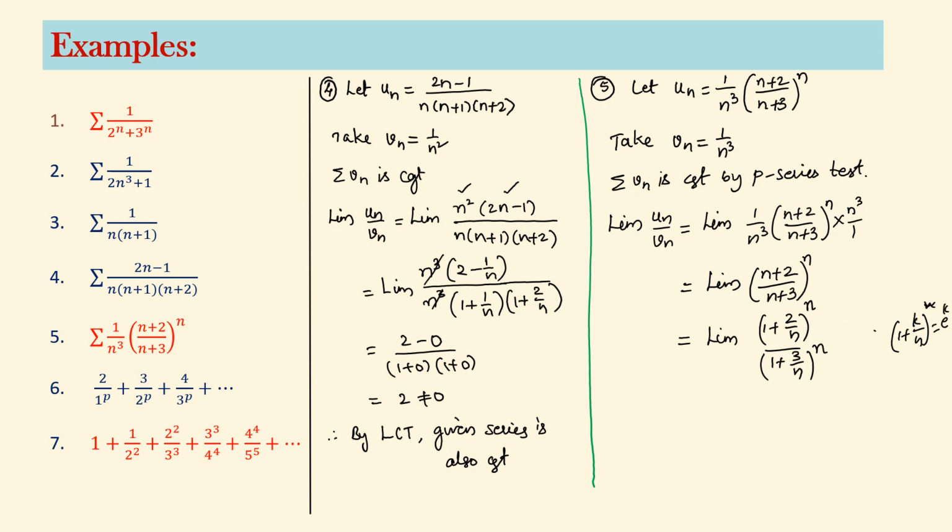So the numerator will become e square and the denominator will become e cube. So e square gets cancelled, that is equal to 1 by e, which is not equal to 0. Therefore, by limit comparison test, summation Un is also convergent.